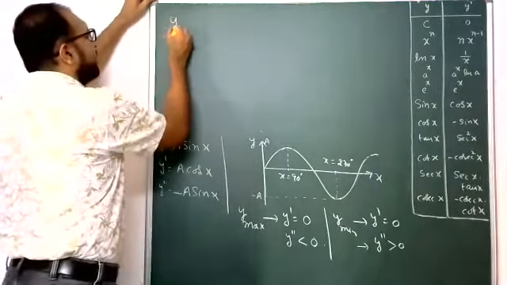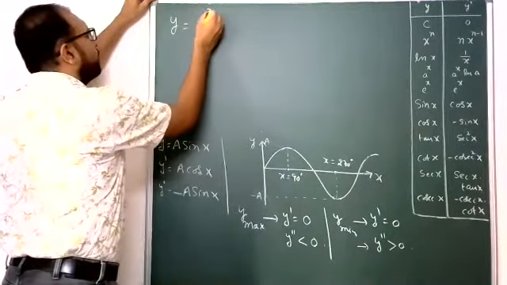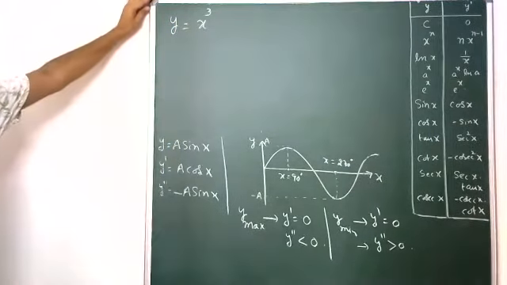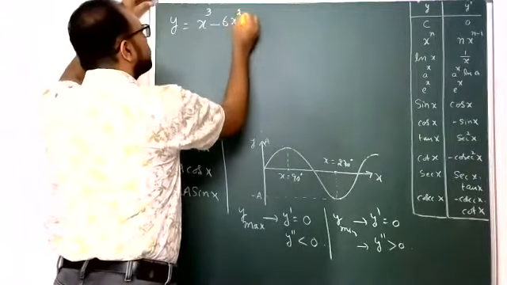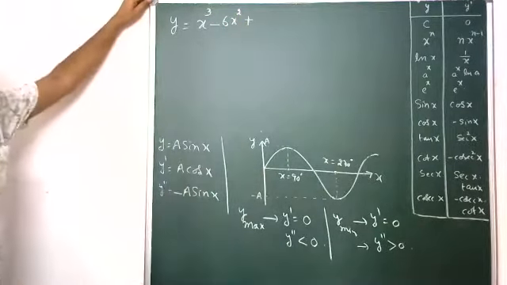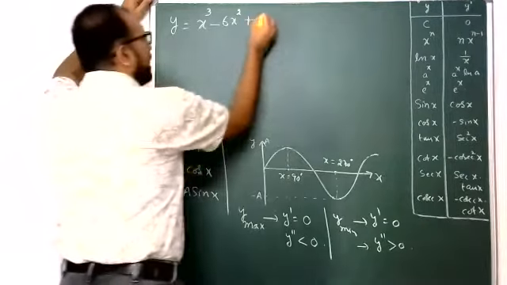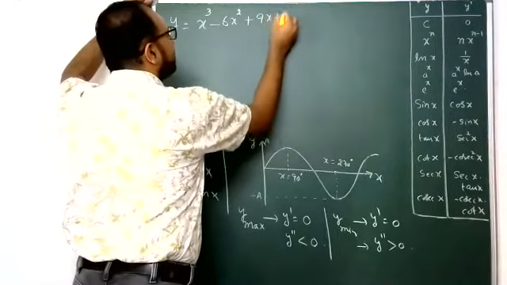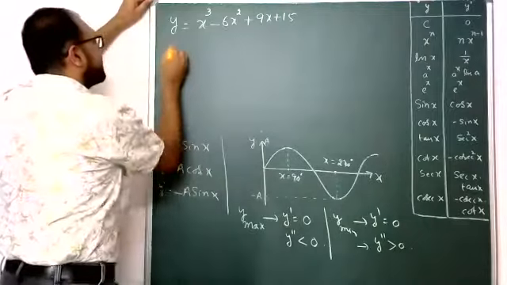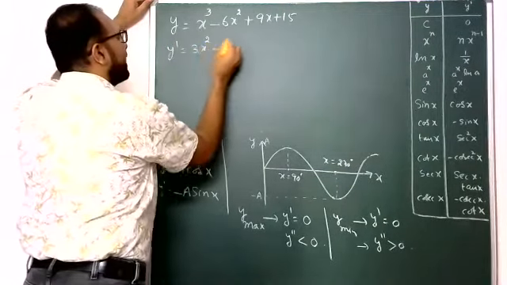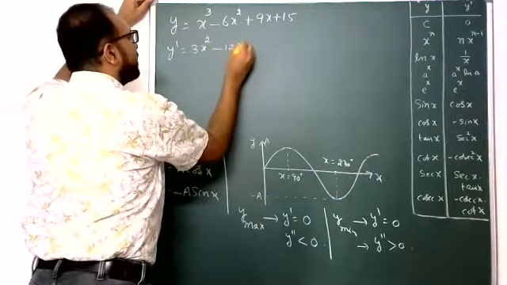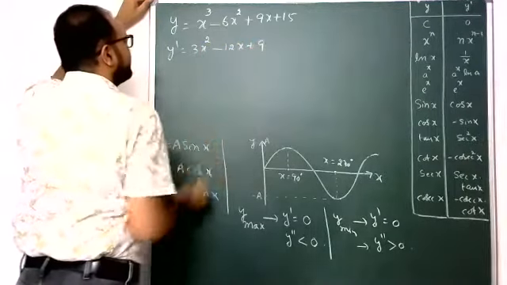Suppose students, y equal to one function, x cube minus 6x square plus 9x plus 15. What is the first derivative? 3x square minus 12x plus 9.